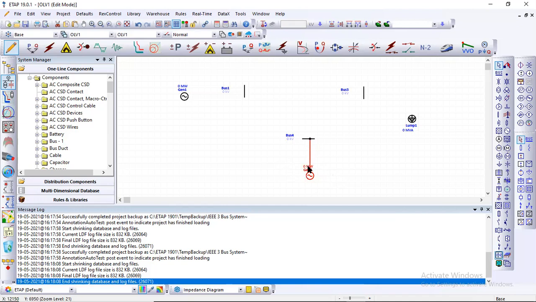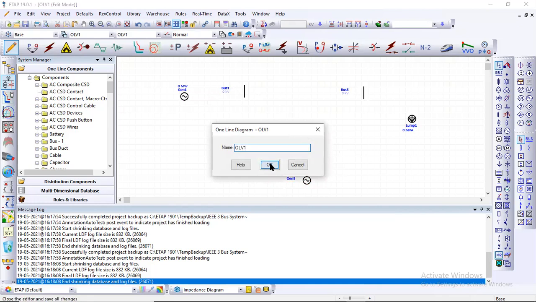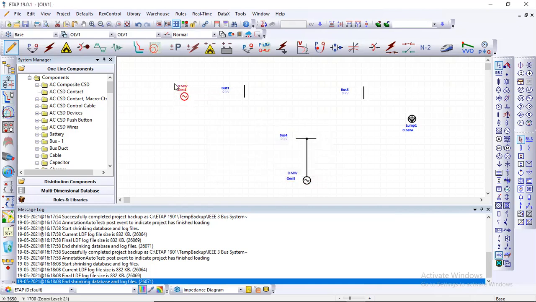Here we are going to place the things at this level. Okay, extend the things. Then we need to connect further, rotate, Control R like this.